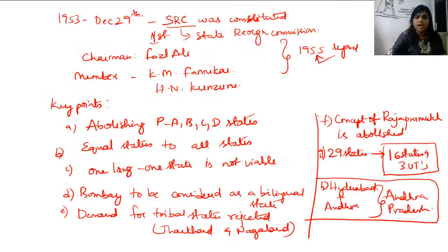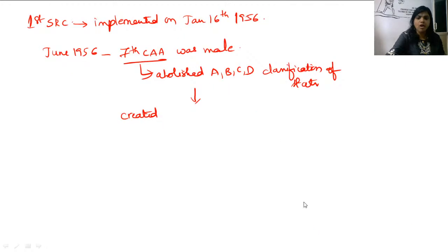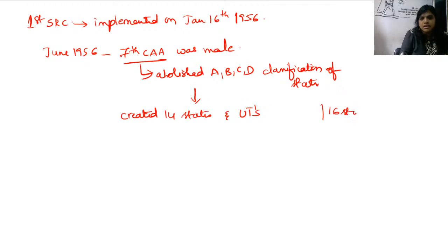Please remember, I told you that 16 states and 3 UTs need to be created as per the recommendations of Fazal Ali Committee. In practical scenario, they have gone for creation of 14 states and 6 UTs. How many actually were recommended? 16 states and 3 UTs, but it was changed, and it was created only 14 states and 6 UTs. Okay.